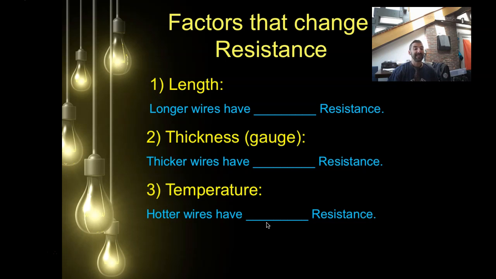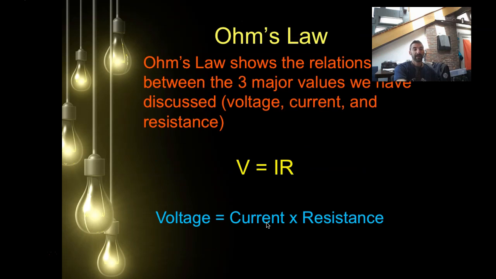So ideal conductors are short, fat, cold. Ideal insulators: long, skinny, hot. The material obviously matters. Conductors versus insulators.